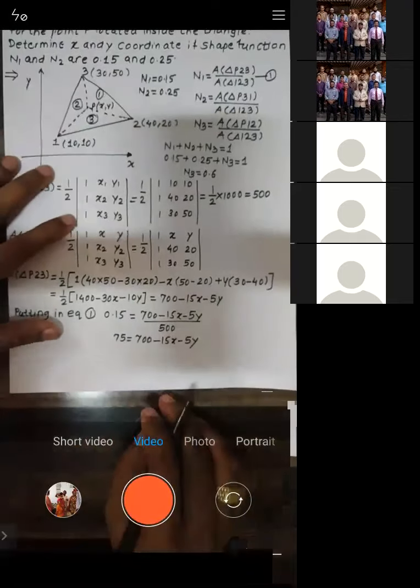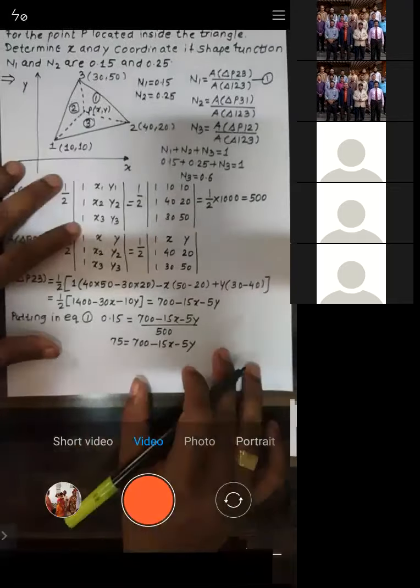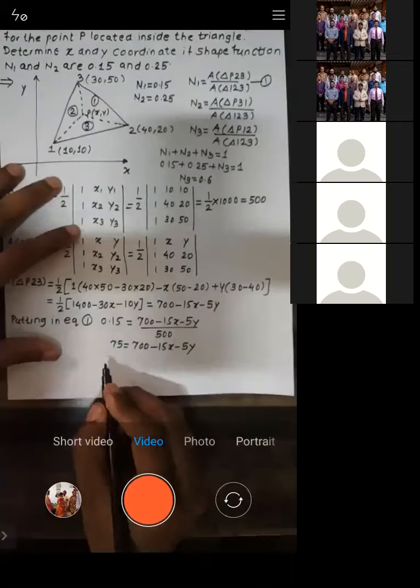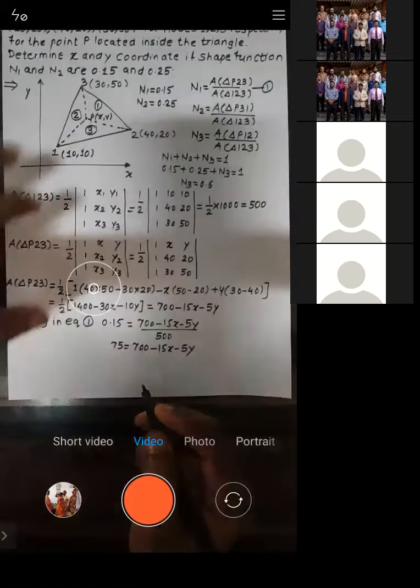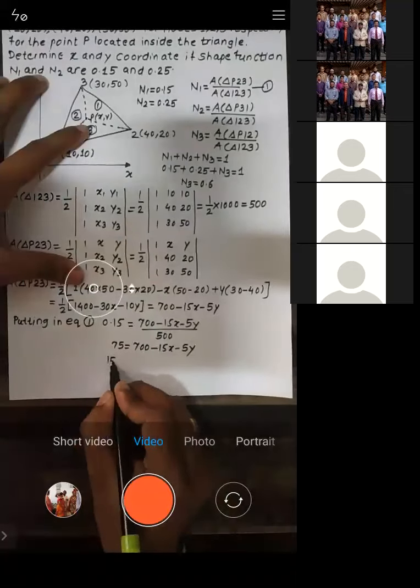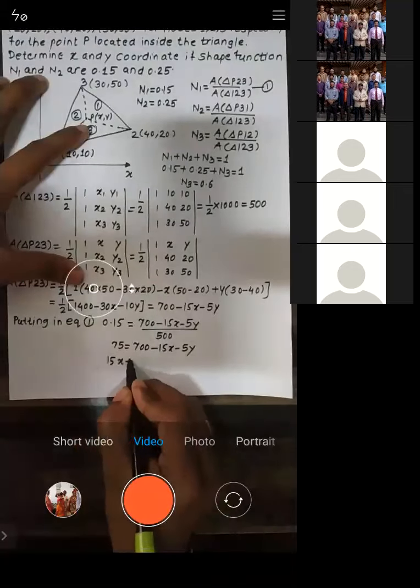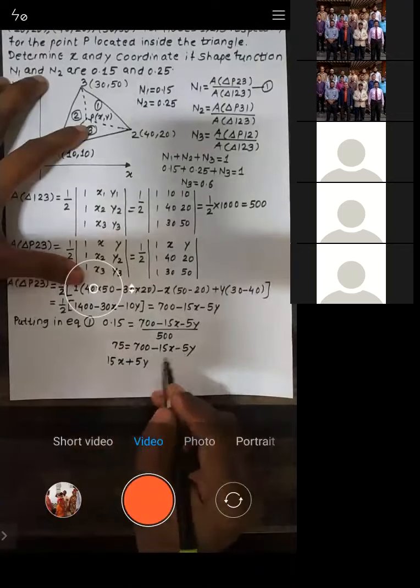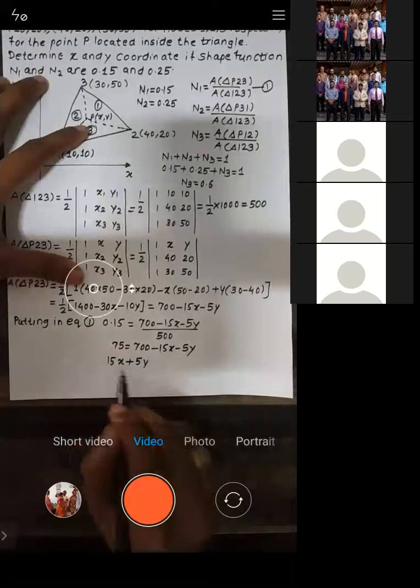Now I will bring this term to the left hand side, so this becomes plus 15x. Again this term, plus 5y, I will bring to the left hand side, so both become plus.